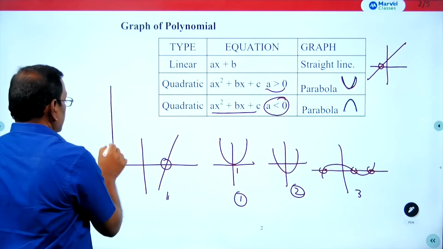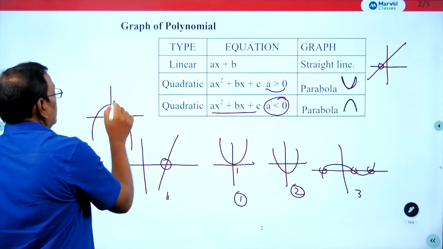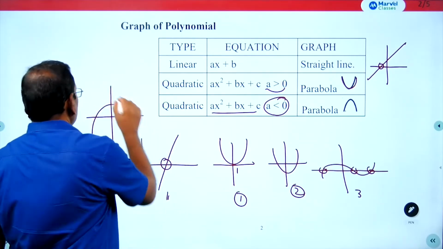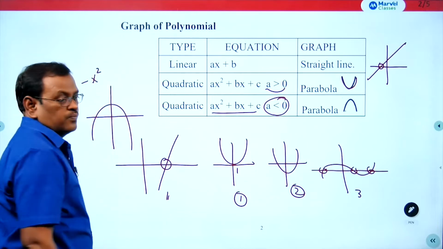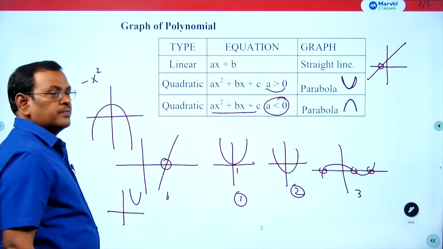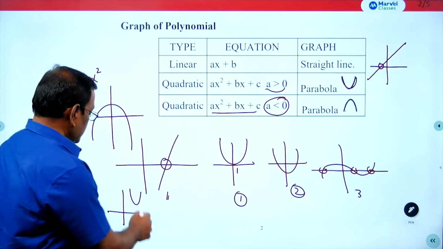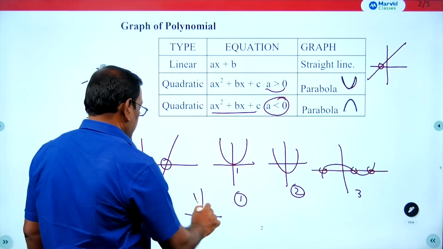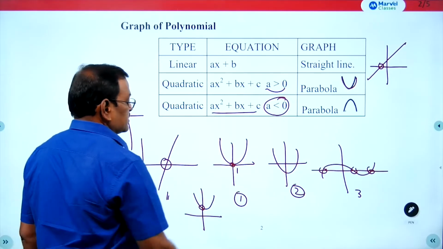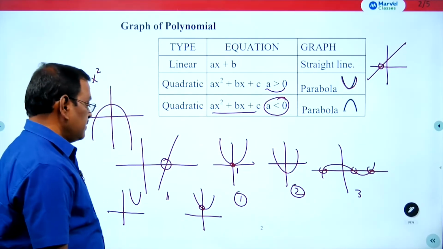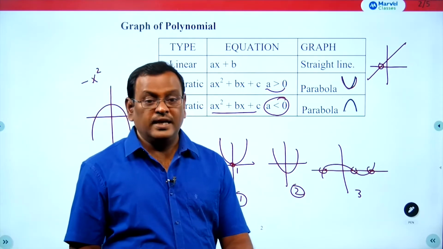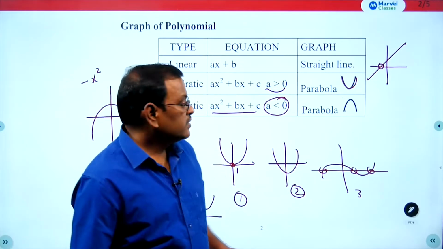For example, here is a quadratic polynomial whose coefficient of x square is negative. What are the zeros? No zeros, because it never touches the x axis. What about here? Again no zero, because only the x axis is counted. If a graph is given, to find the number of zeros, find the number of points of intersection with respect to the x axis, not the y axis. This is the first concept.